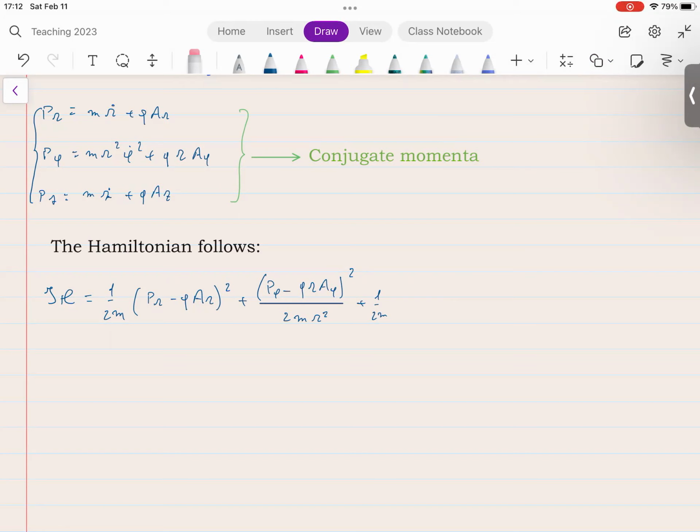Oh, that's horrible. It's my destiny never to manage to write anything straight. All right, let's do it this way. Sorry about that. 1 over 2m (p sub z minus q a sub z) squared.